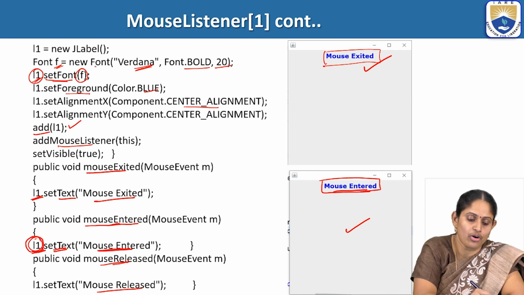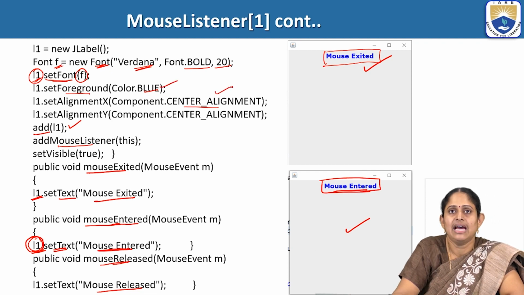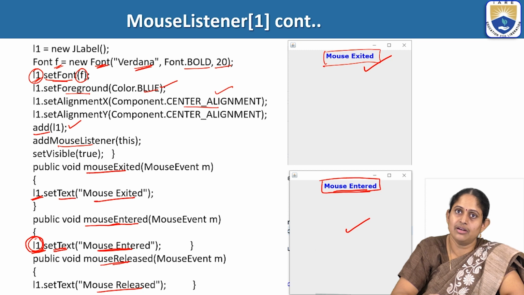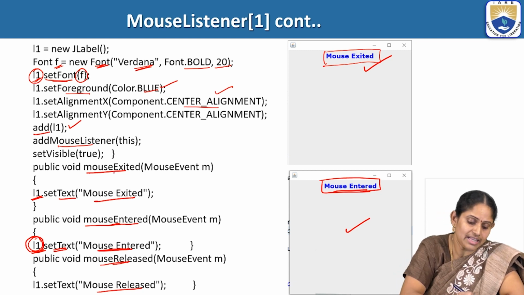We had set some font for that label, its color, and given some alignment for that particular label. So these are the various events.